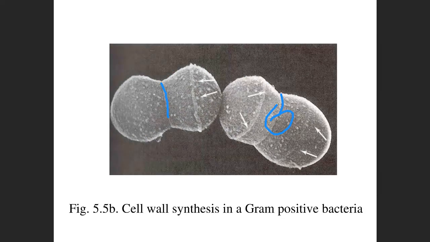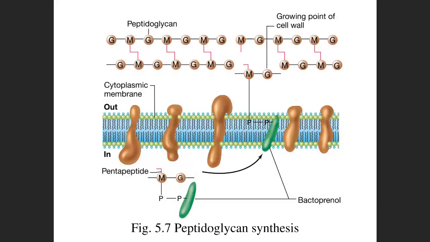That's where the new cell wall is expanding. And so in order to expand, you have to separate the original cell wall or peptidoglycan, right? You have to have a gap in the middle, because you have to have a new one added to the middle, right? So this needs to be added. Then the cell wall can expand, and that's how they grow.